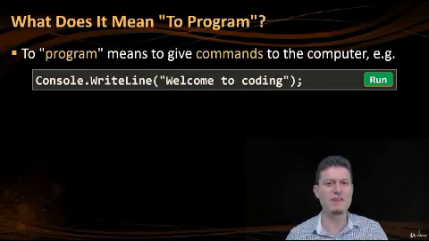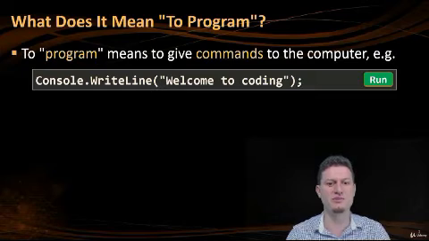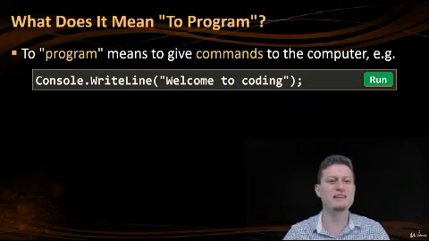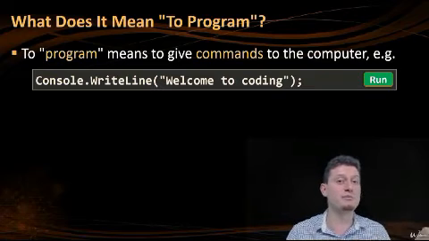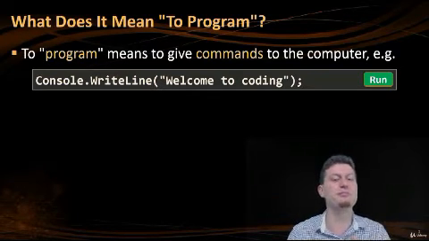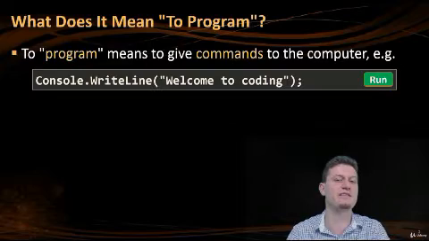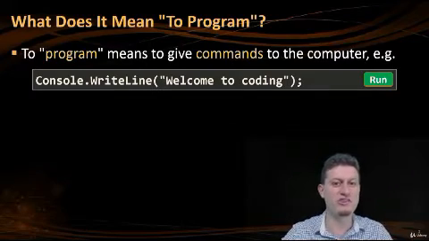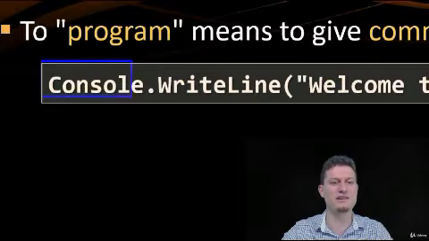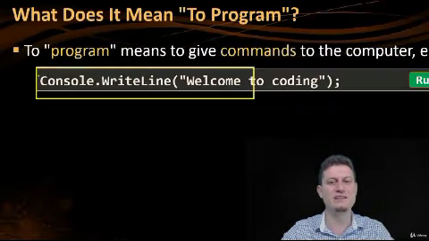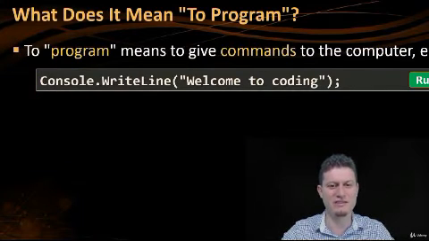To program means to give commands to the computer and tell the computer, please do something, please enter some data, or please do some calculation, or print something, or take something and move it to another location, things like that. This is an example of a simple command: Console.WriteLine, and in brackets we give some text.